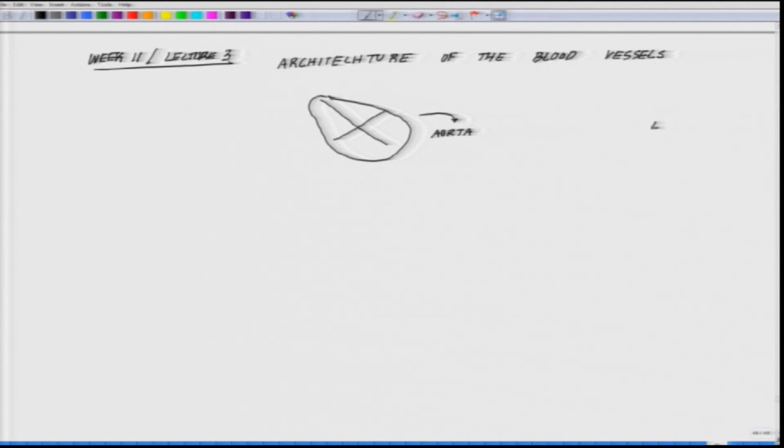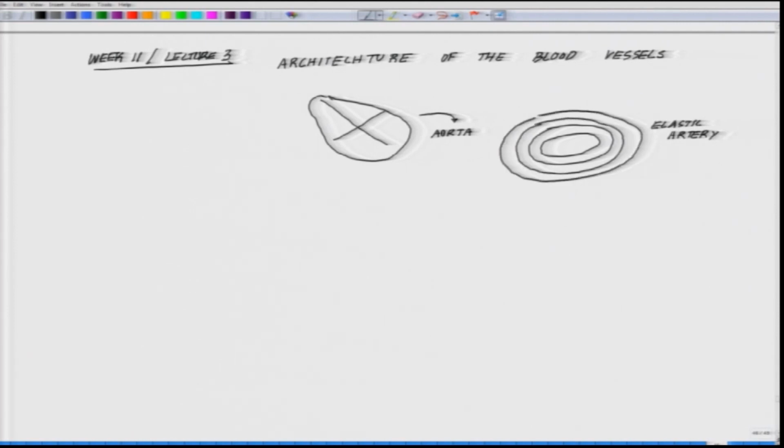These are extremely elastic in nature, as I was telling you. If you look at that elastic structure, they will be fairly thick. Tunica interna, tunica media, and tunica externa, and they can withstand huge amount of pressure.